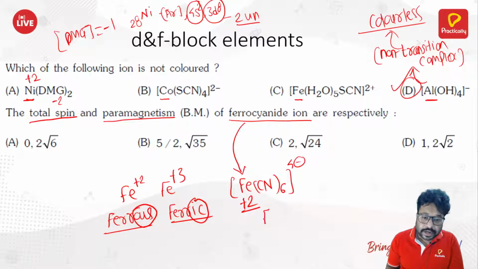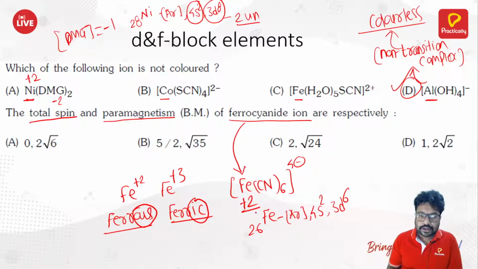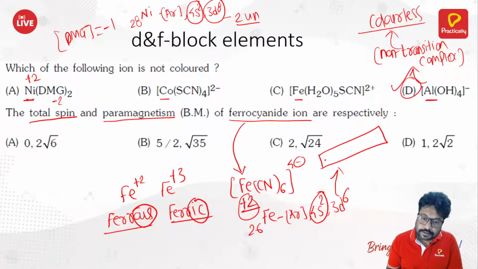Okay. So electronic configuration, atomic number 26, it is argon 4s2 3d6, out of which 2 electrons are gone, which must be from the s electrons. You are left with d6. How do you arrange d6? 1, 2, 3, 4, 5, 6.